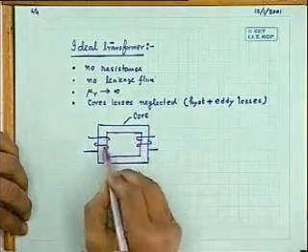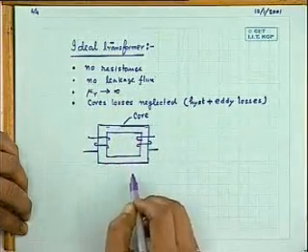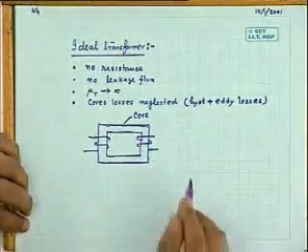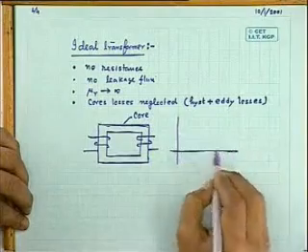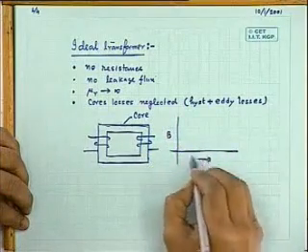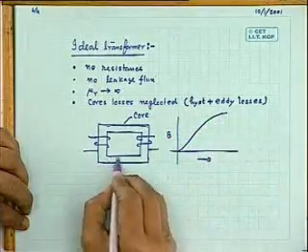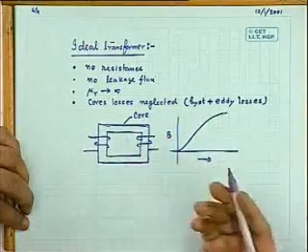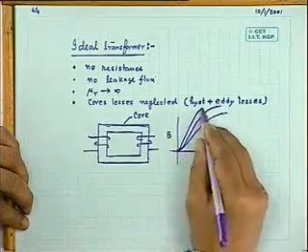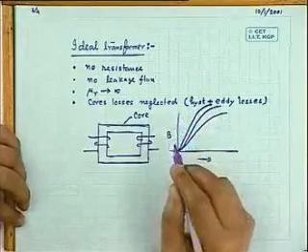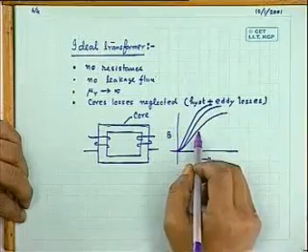The sides on which windings are wound are called limbs, and this horizontal portion is called the yoke of the transformer. The BH curve of a practical material will be somewhat of this nature. If the core material is replaced by better and better material, the BH curve will go up and up, indicating that to establish a given flux density inside the core, you will require lesser and lesser current.